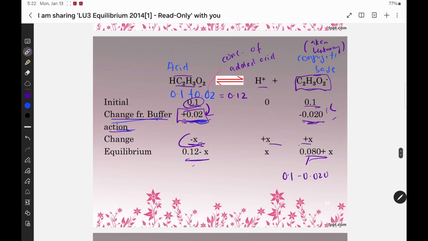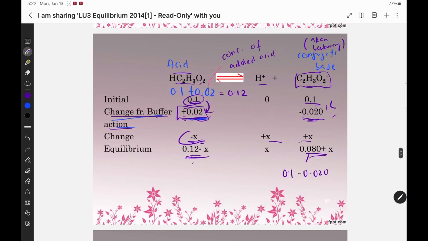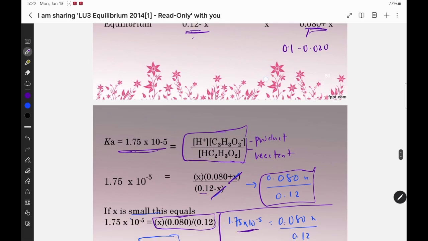So for the equilibrium, we just plus the 0.1 for the initial with the 0.02 for the added HCl just now, so we got 0.12 minus x. And as for the conjugate base, we just minus the 0.1 with 0.02, so we got 0.08 plus x.